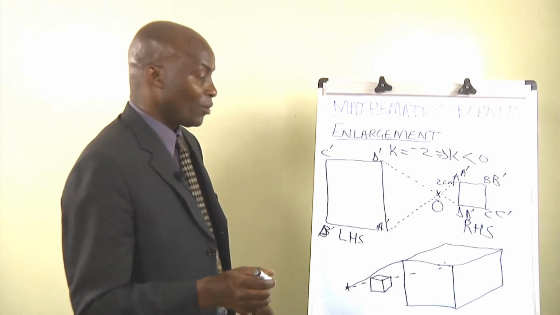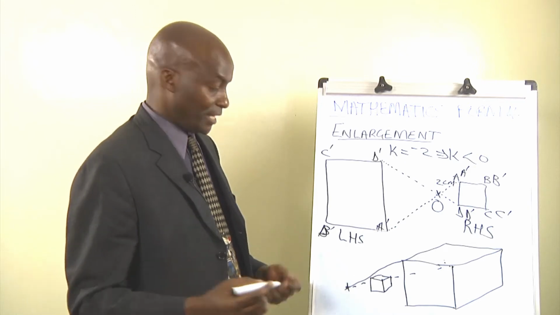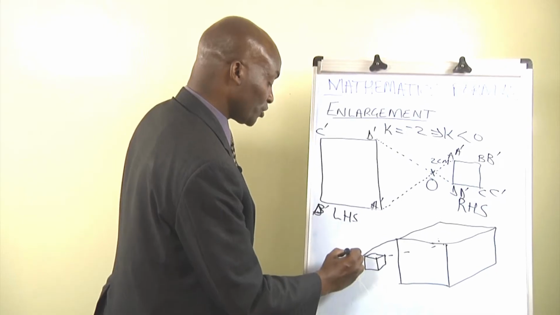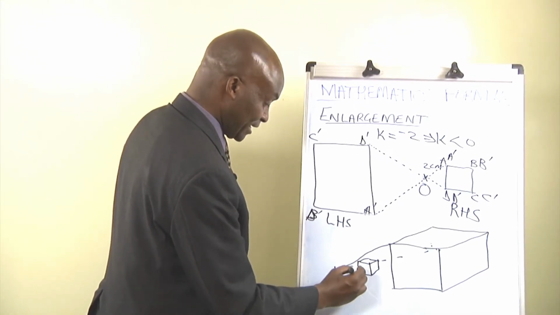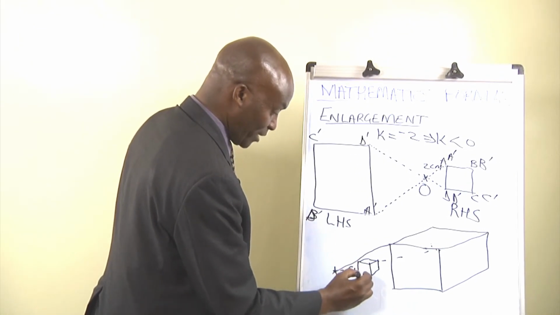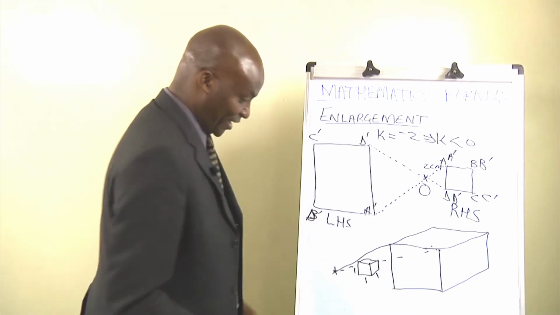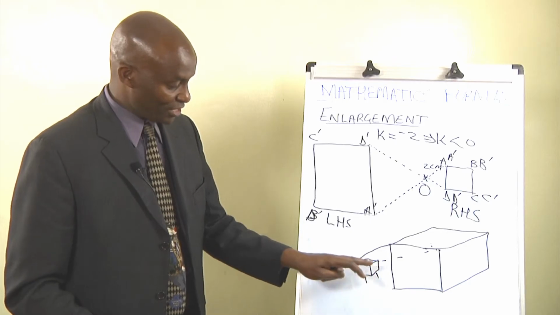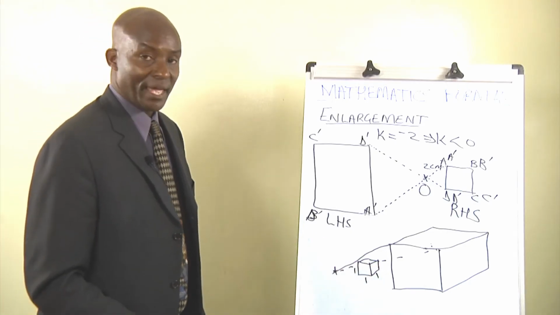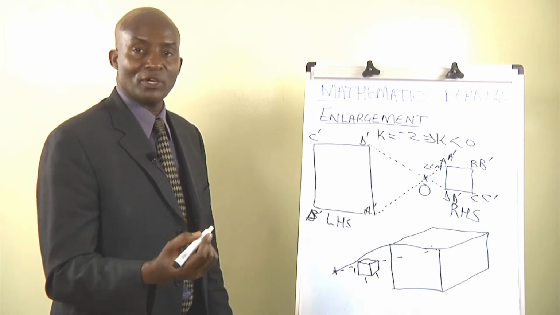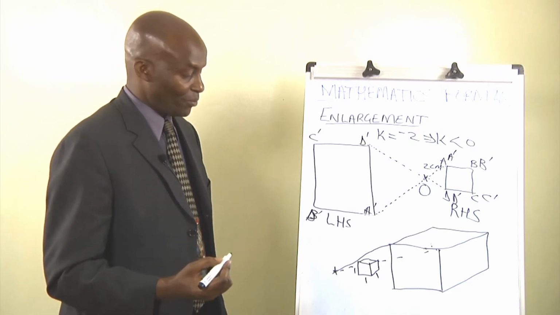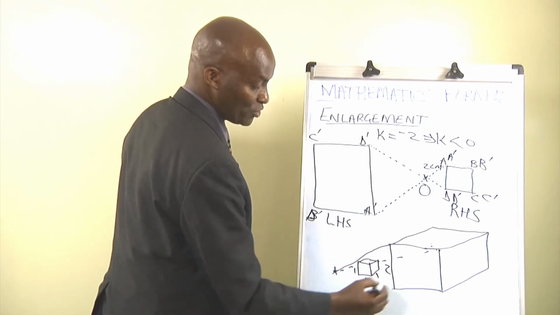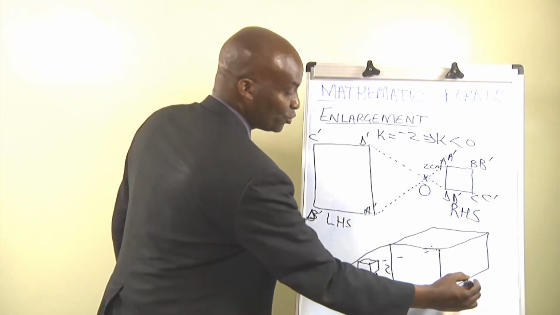Now, let's think about if the linear scale factor here was 2, such that, let's say this cube was 1, 1, 1. Okay? The length is 1, width is 1, and height is 1. And let's say we enlarge it by a scale factor 2, so the length will be 2, 2, 2.